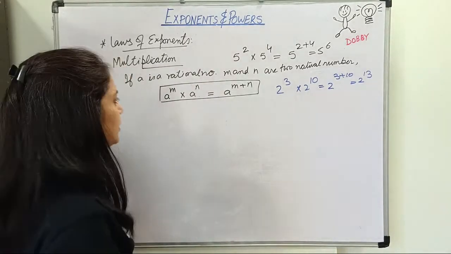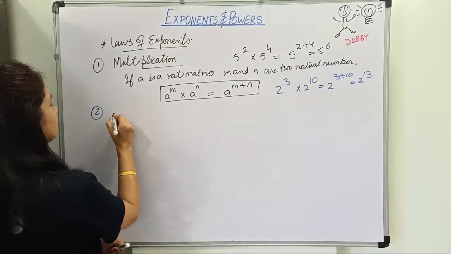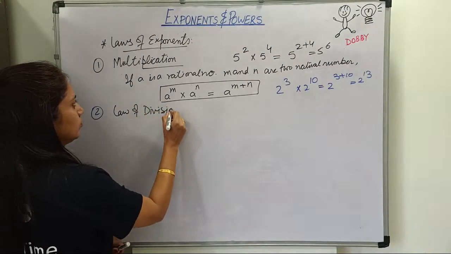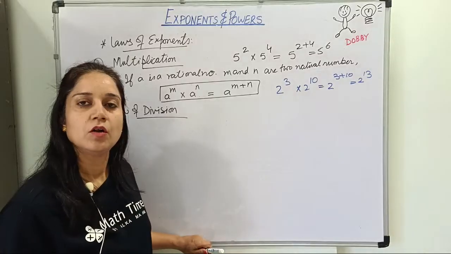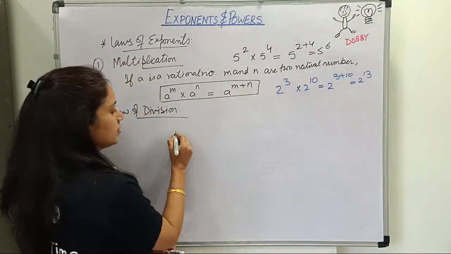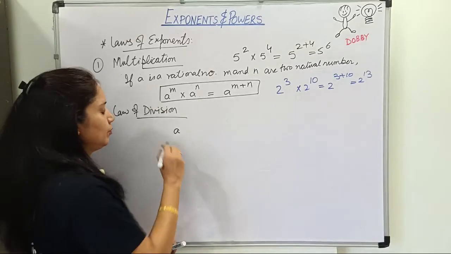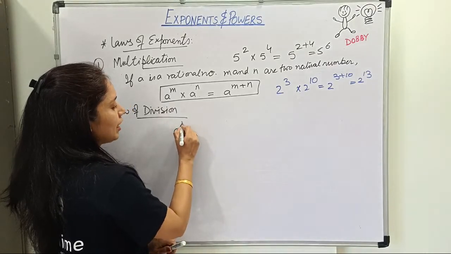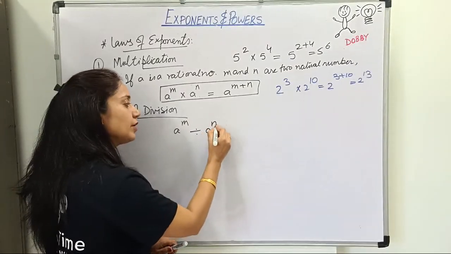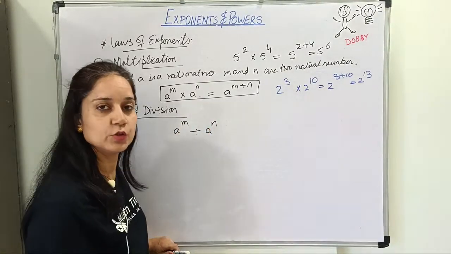Our next law is the second one. It is the law of division. Now same way, a rational number A with the power M divided by the rational number A only with another power N. A is a rational number and two separate powers M and N are natural numbers.